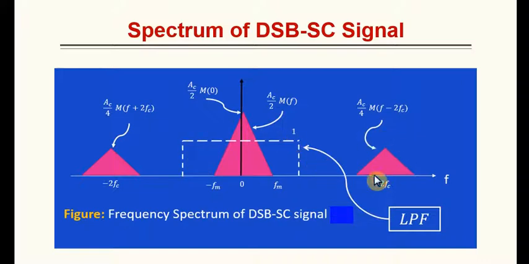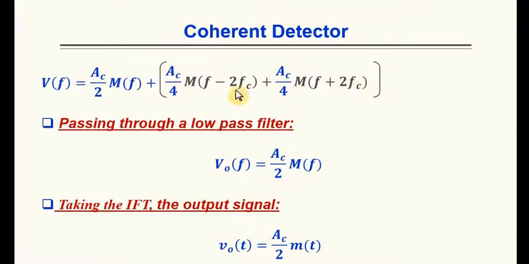We managed to block or filter out the high frequency components, which are centered at 2fc, as we have seen here. 2fc for the positive and for the negative values, f plus 2fc. So f plus 2fc equal to 0, then this is for the negative part, and f minus 2fc is equal to 0. You set it to 0, then f is equal to 2fc. This will be for the negative part.